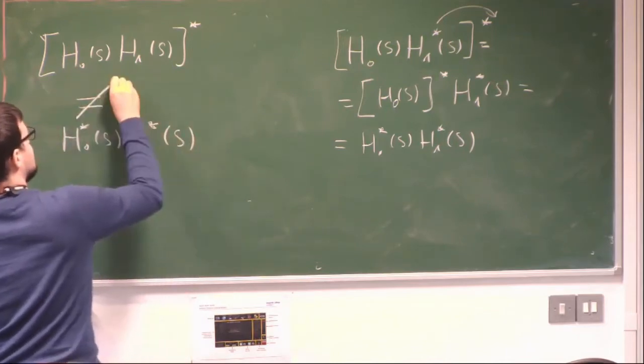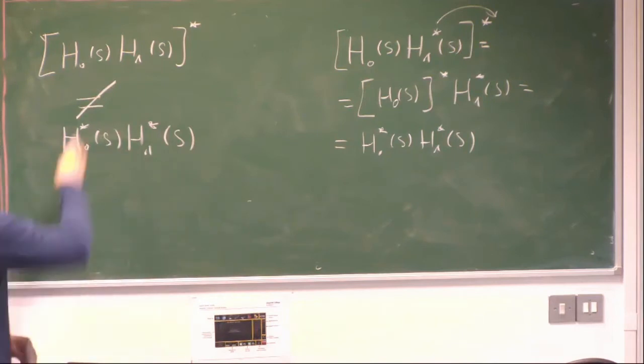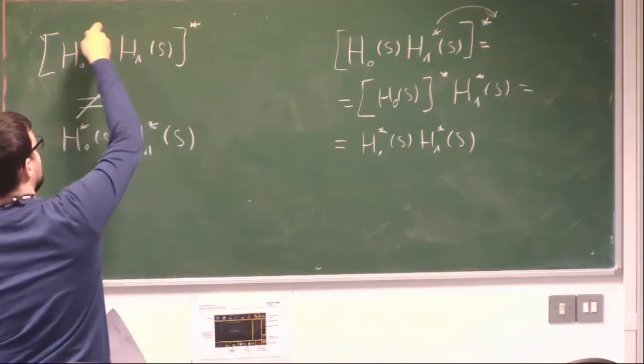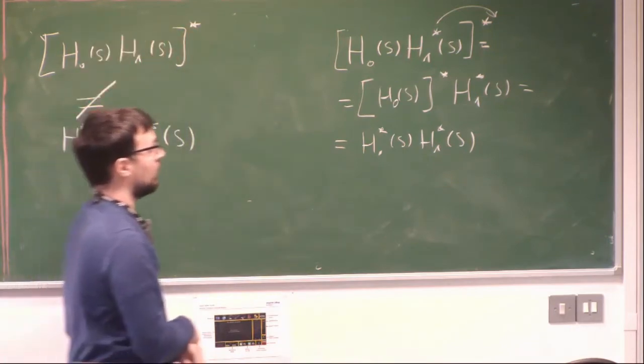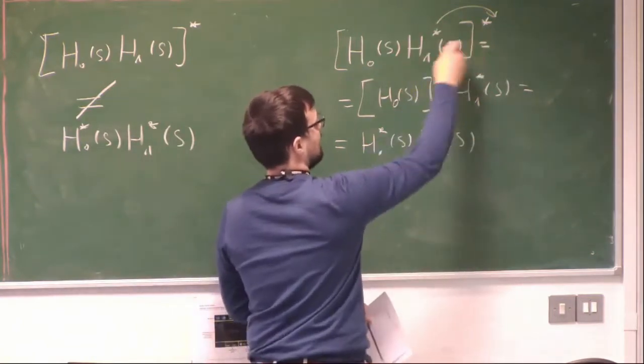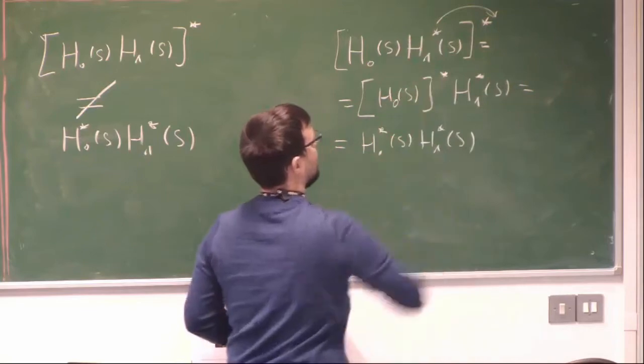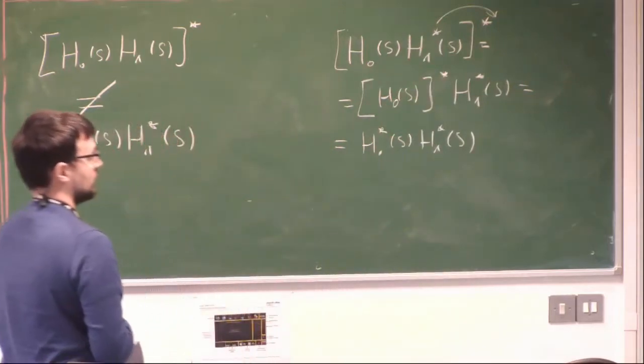So this is not true, and this expression is different from that one. This means the star operator cannot be distributed over this product, and the only thing we can do is bring outside functions that are already starred, and leave inside the functions that are not starred.